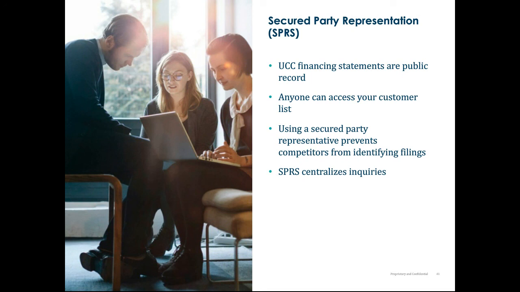So we do have a service where we can represent you in the secured party box on your UCC to prevent that from happening. It is not designed to prevent true masking of the filing. If we do get an inquiry, we would forward it to the true secured party of record so they could respond accordingly. But it is designed to prevent mass searches or reverse searches on your secured party name to locate your customer list.